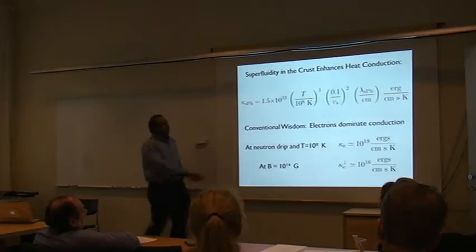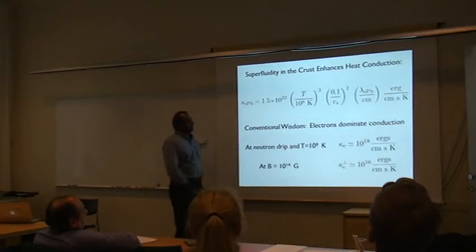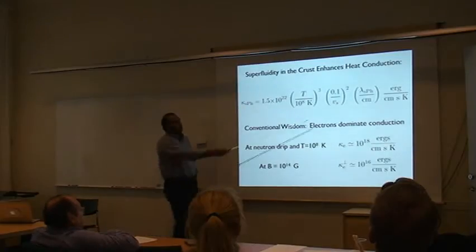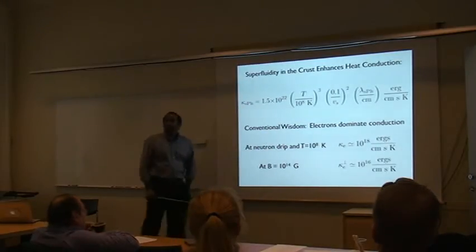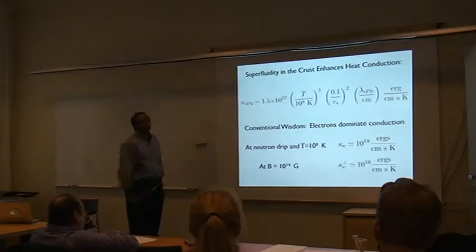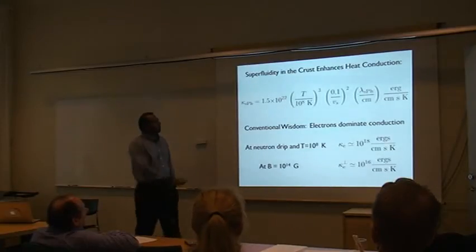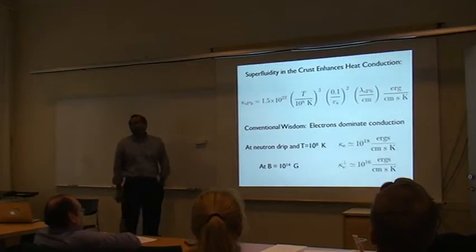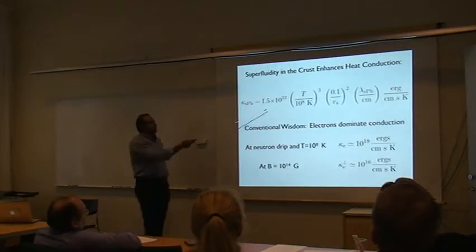The whole purpose of this talk will be to describe the physics of computing this mean free path. But let's just take it as some number and ask, if I put in typical values for temperature and velocities, which is what I'm putting in here, what is the heat conduction I would get?